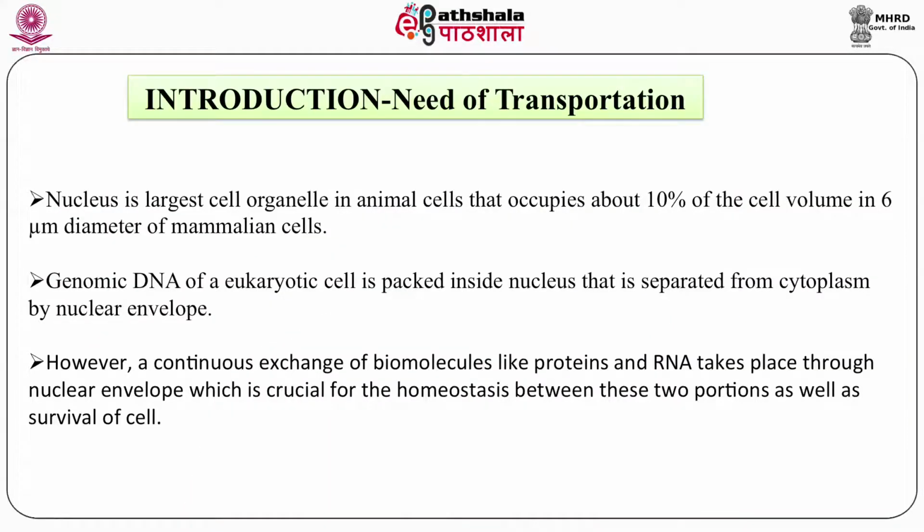Genomic DNA is packed inside the nucleus with nuclear envelope boundaries separating cytoplasm from nucleoplasm. However, a continuous exchange of biomolecules like proteins, RNA, and nutrients takes place through the nuclear envelope, which is crucial for homeostasis between these two portions as well as survival of the cell.